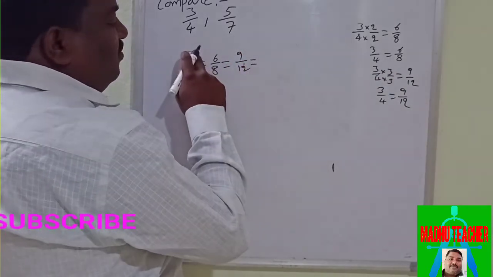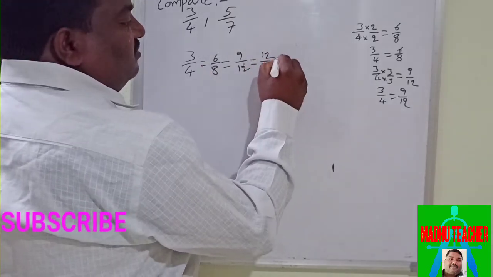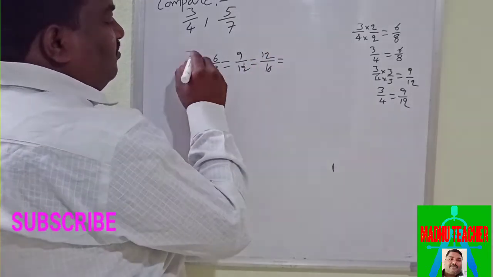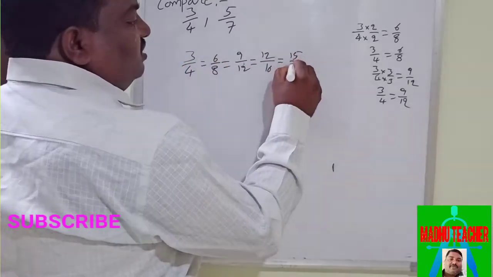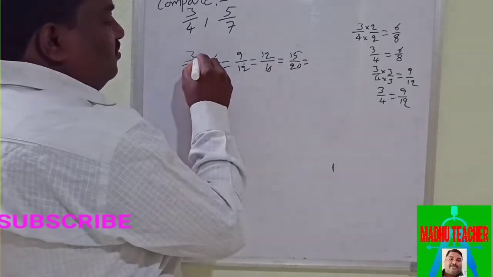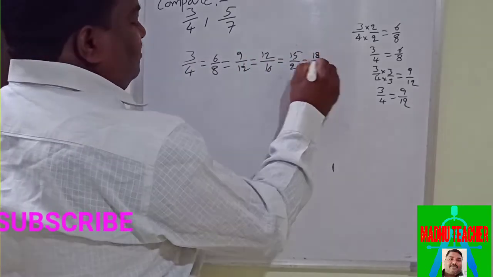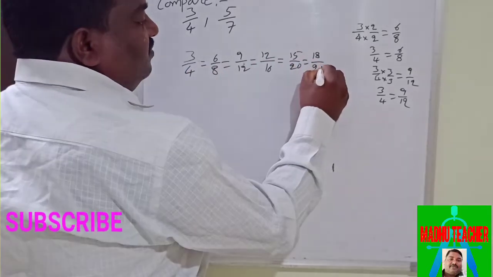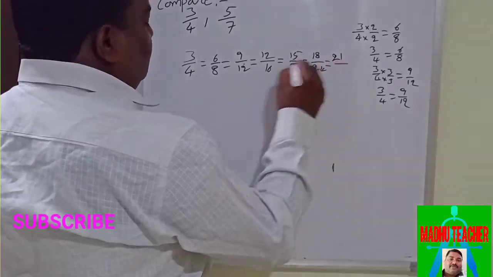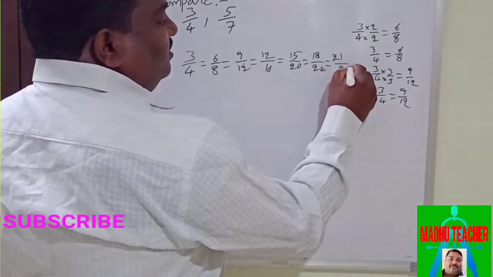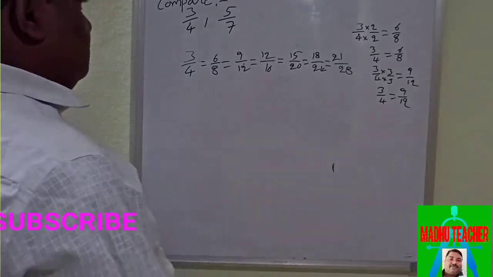Now by multiplying 4, 3 4s are 12, 4 4s are 16. By multiplying 5, 3 5s are 15, 4 5s are 20. By multiplying with 6, 3 6s are 18, 4 6s are 24. By multiplying with 7, 3 7s are 21, 4 7s are 28. Like this, we can write infinite number of equivalent fractions.